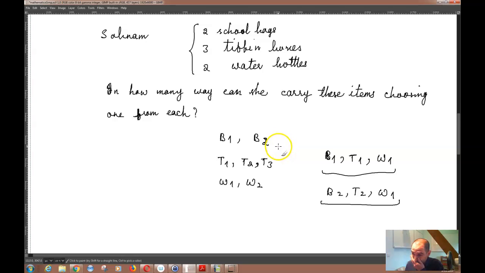Meaning that, for example, you have a number of pants, a number of shirts, a number of socks, a number of shoes, and so on and so forth.